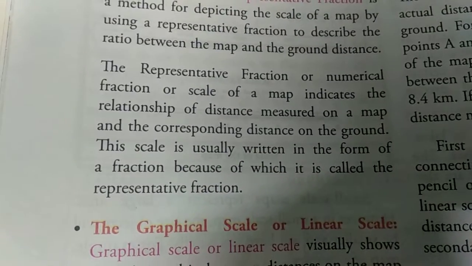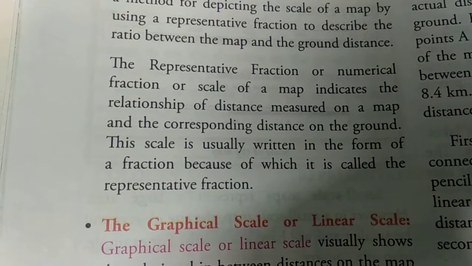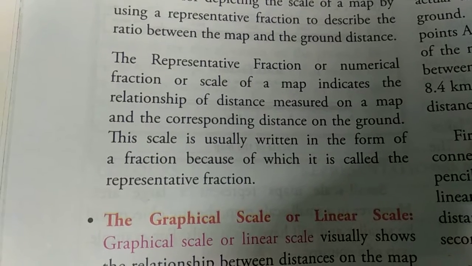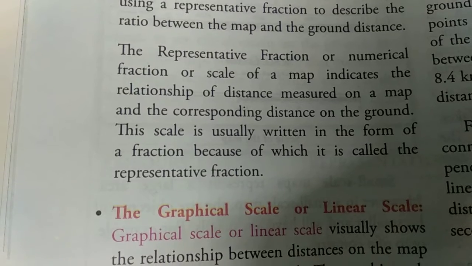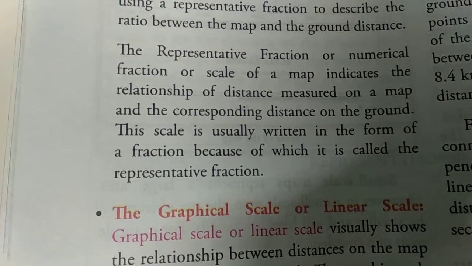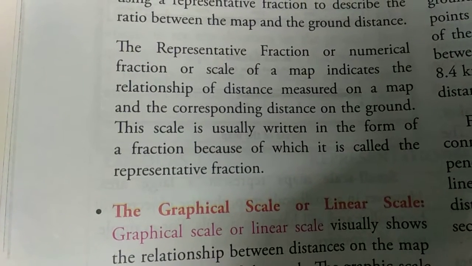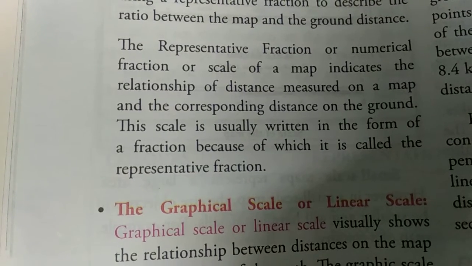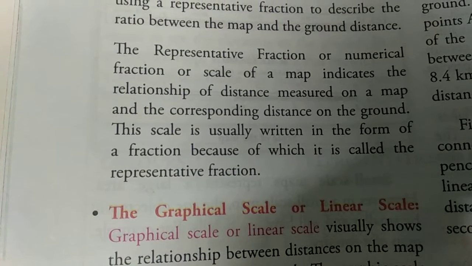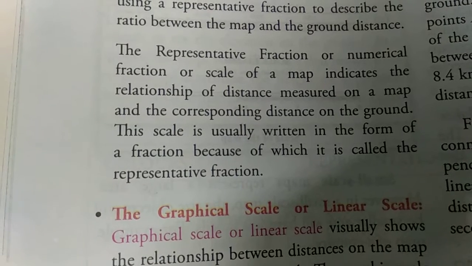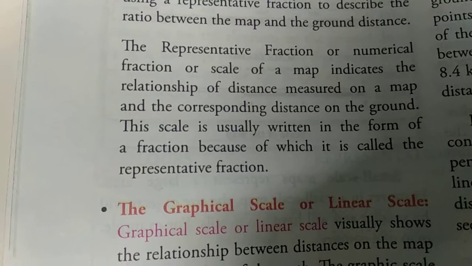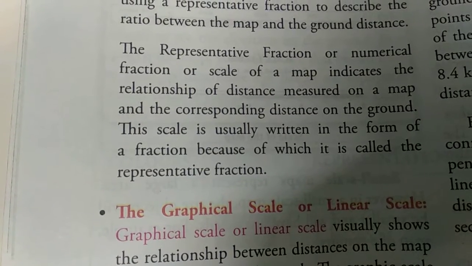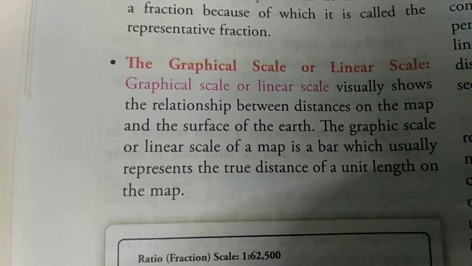The representative fraction or scale of a map indicates the relationship of distance measured on a map and the corresponding distance on the ground. This scale is written in the form of a fraction. That's why it is known as fraction scale. And in this scale, both the numbers are written in centimeters only. That might be 1 is to 2,50,000 centimeter. This way.